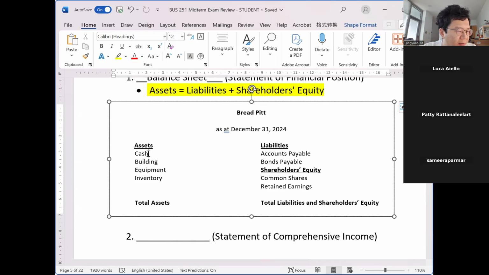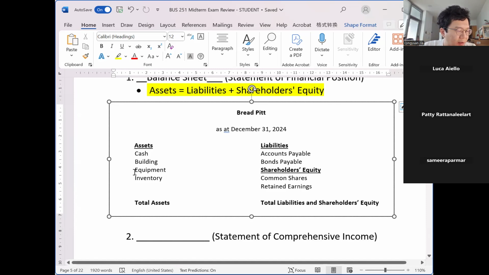And current assets will typically be something like cash, account receivable, inventory, prepaid expenses. These items are very easy to get liquidated, and this will be listed on the top.